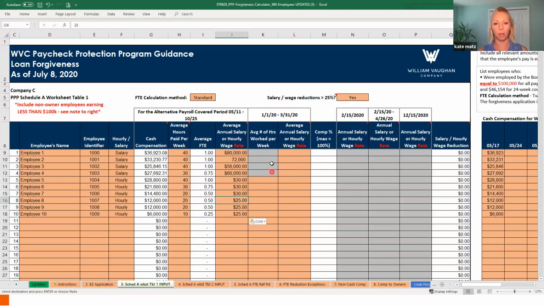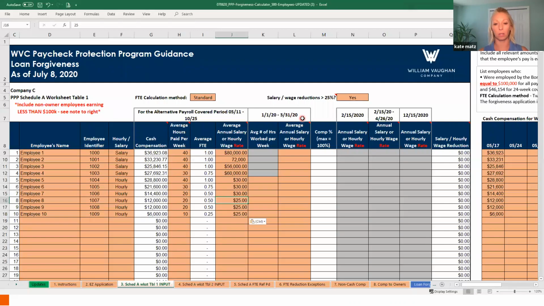The next column then is the average number of hours worked per week, and we're switching time periods here. So now we're looking at the first quarter of 2020. We started out looking at our alternative payroll covered period. Now we're going back and comparing to the first quarter of 2020.